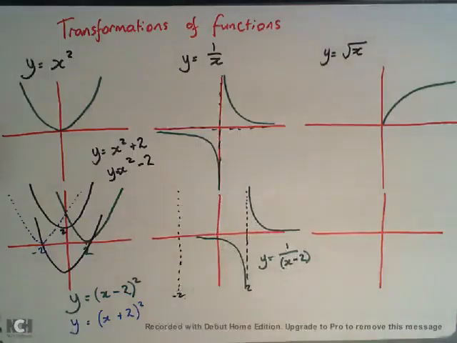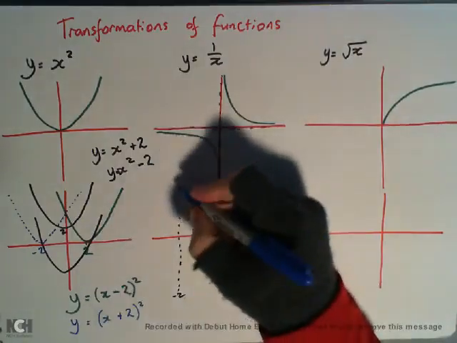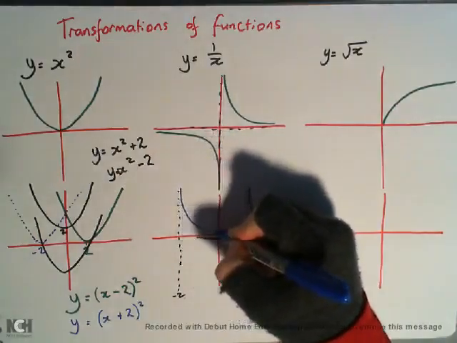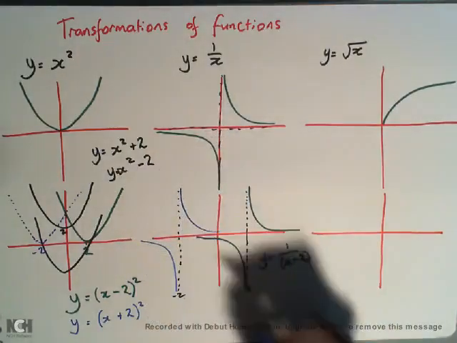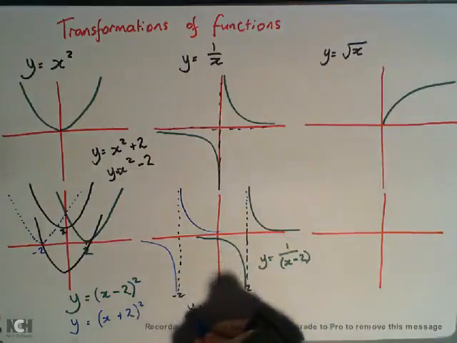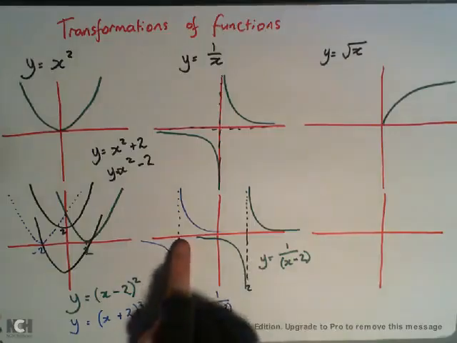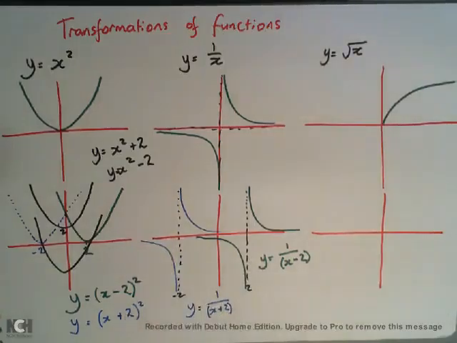Okay, so I've moved it to -2. My graph will be the same shape, looks like that. Now, it'll be 1 over (x plus 2). Brackets are good. So I moved it to the left 2 places.